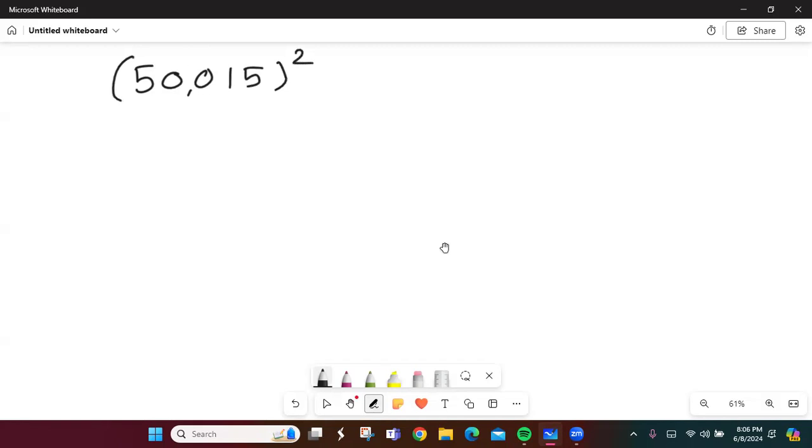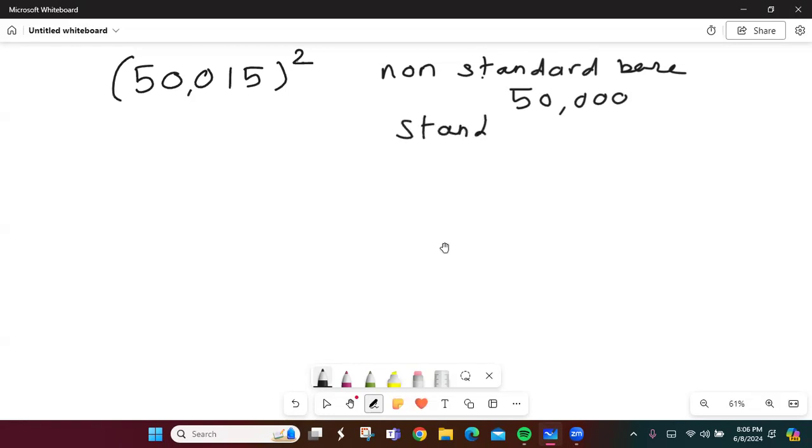So here you can easily guess that we can take the non-standard base as 50,000 and we'll take the standard base as 10,000, because 50,000 is a nearest multiple of 10,000.